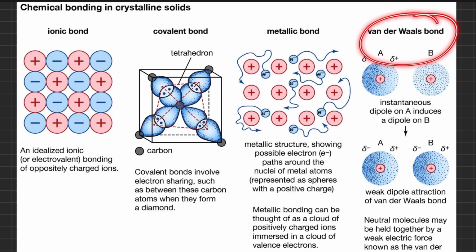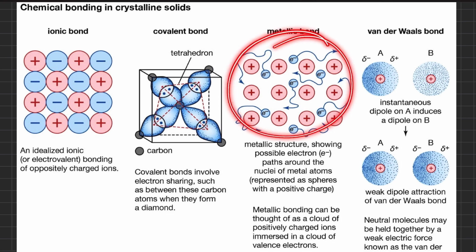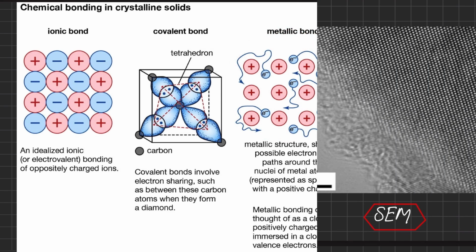And the fourth are the van der Waals forces, which are very weak forces, also developed between dipoles, and sometimes these dipoles are produced for just an instant. So in this way, these are four types of bonding forces which exist in crystalline solids. However, our focus will be on the type of bonding called metallic bonding.